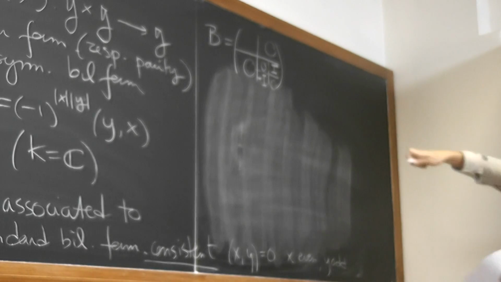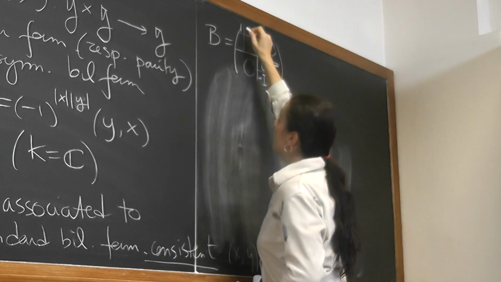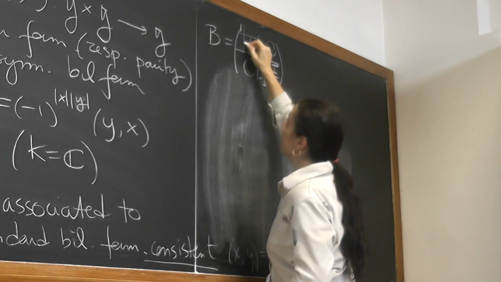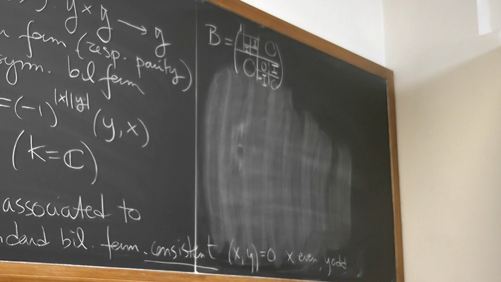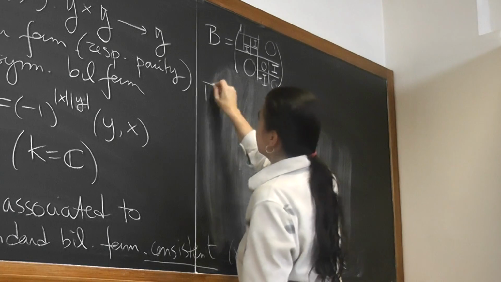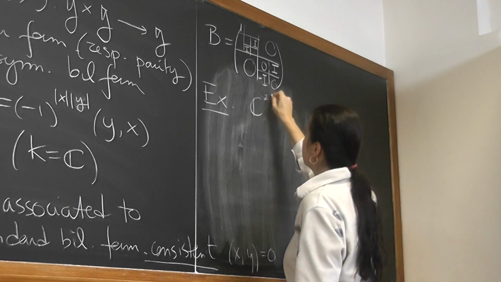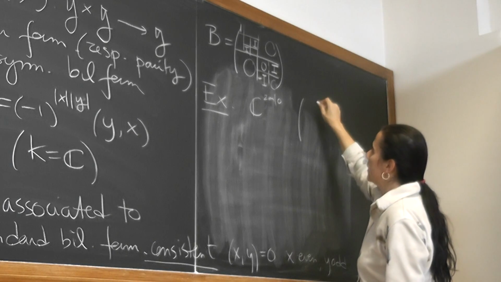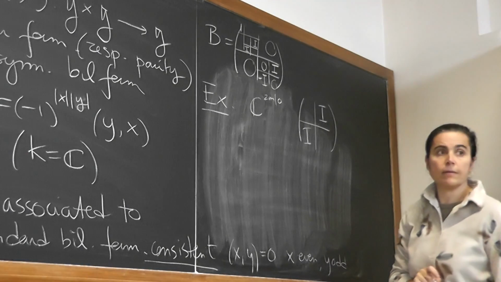So we put 1 here, and then this one, and then we put identity here, and identity here. The 1 is there only if it has odd dimension. Okay. So, let's see an example. In the case of C^{2m|0}, for example, what I want is the identity and the identity. This is the one.